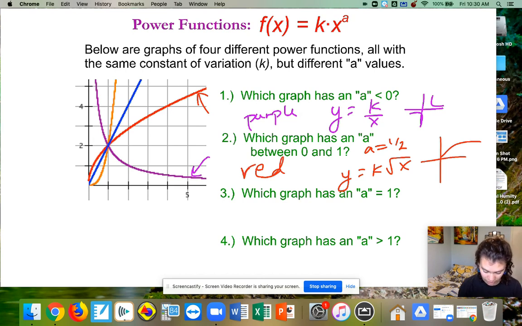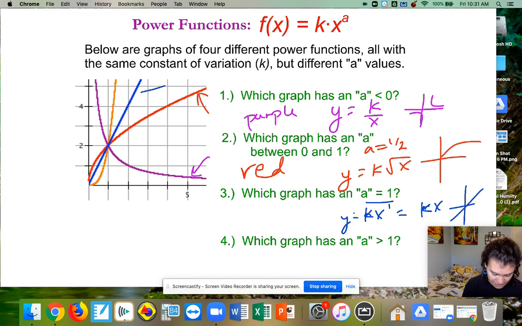And then we're looking at when a equals 1. So if a equals 1, you have kx to the 1, which is just kx, or a linear equation, which looks like that, which means it's going to be the blue one. And the last one, by default, has to be the orange.